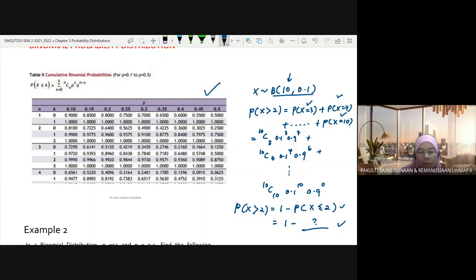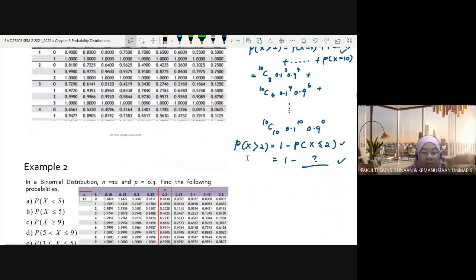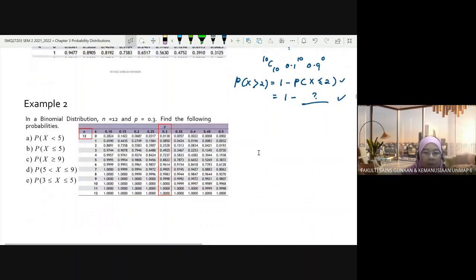You can use my table that I will provide you afterwards, or any binomial table available in a Google search. Everything will be the same because it will always be cumulative binomial probabilities. So let us move to our first example for cumulative binomial probability distribution, how we can use the table to help us answer the questions.